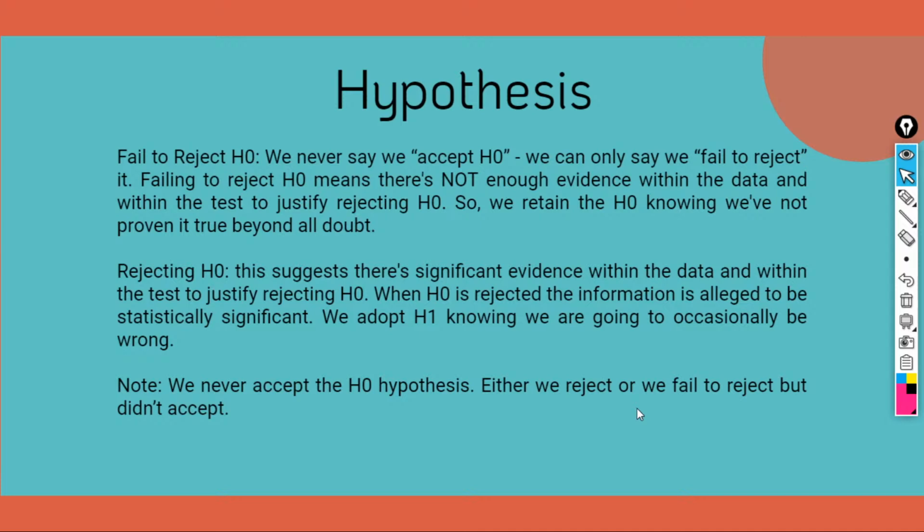So we want a very high margin of success and a very small margin of error. But the conclusion is we will definitely have slight chances of errors in the alternate hypothesis as well. So we never accept a null hypothesis. Either we reject or we fail to reject, but never accept.